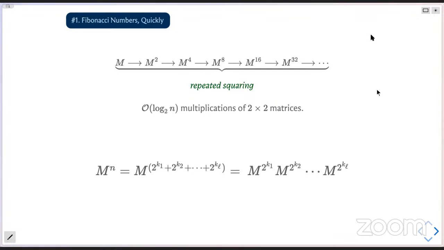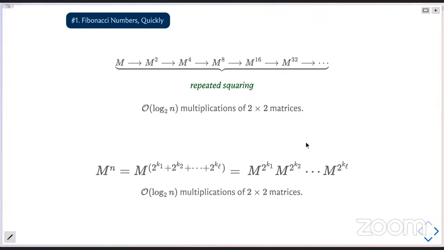So for instance, M raised to 2 to the k1 is going to require only k1 operations. M raised to 2 to the k2 will require only k2 operations, and so on and so forth. So each of those individual powers are efficient to figure out. But then as you go along, these outputs have to also be multiplied across the board. So the number of terms, L in particular, is roughly log n, because you only need log n many bits to represent a number whose magnitude is n.